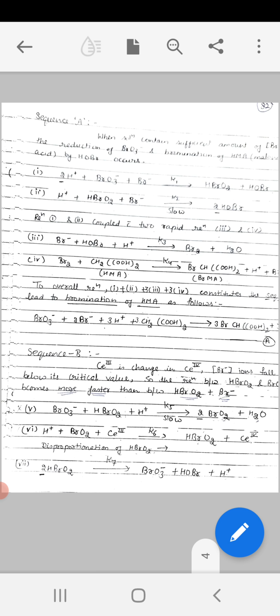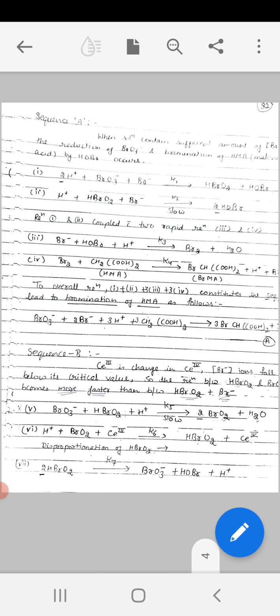Sequence B. Cerium-3 is changed into cerium-4 when bromide ions fall below the critical value. So the reaction between HBrO2 and BrO3- becomes faster than between HBrO2 and bromide. In the next step, BrO3- reacts with HBrO2 plus H+ ion with a rate constant of K5, a slow reaction, and it gives 2 BrO2 plus H2O.